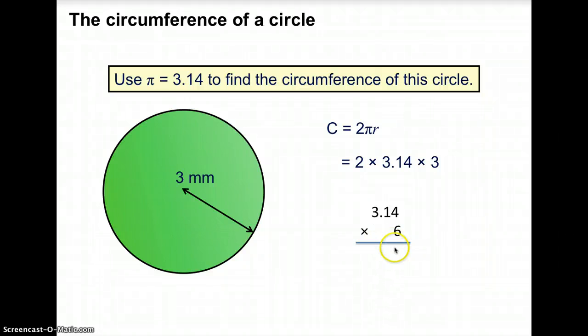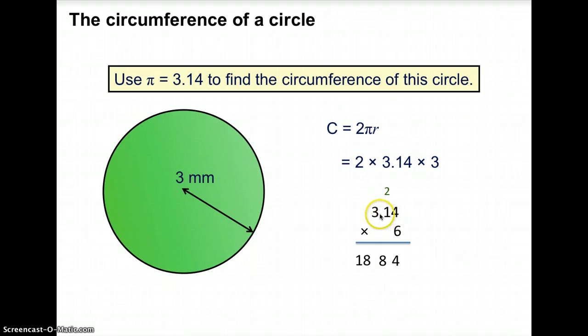So let's multiply these two numbers together. 6 times 4 is 24. We have 4 down here, and then we'll have 2 on top. 6 times 1 is 6, plus 2, we'll have 8. And now the last one, 6 times 3, and we'll have 18. From the rightmost part of 3.14, we count the number of decimal places.